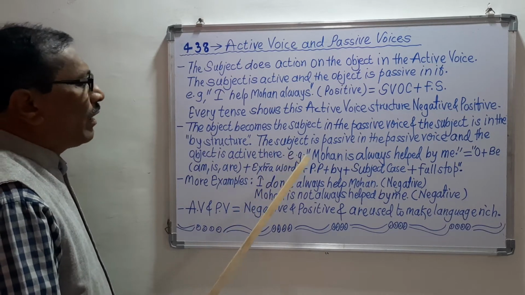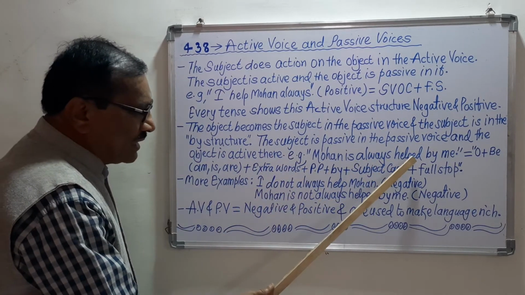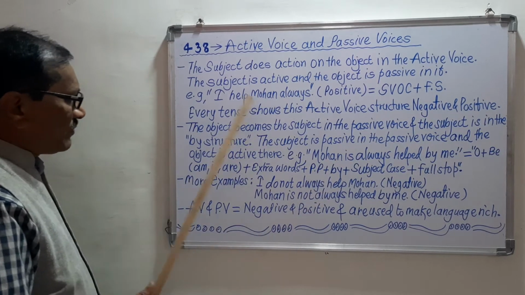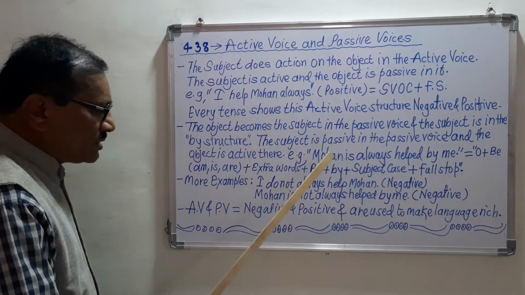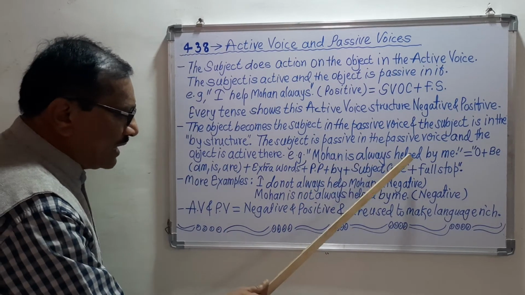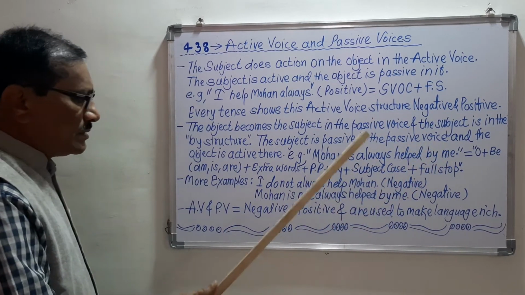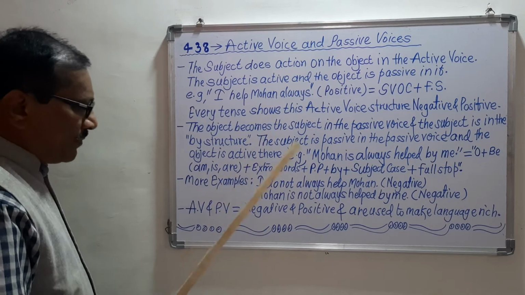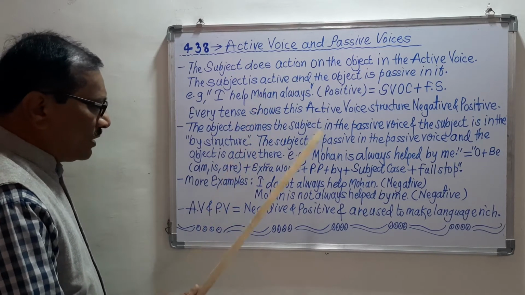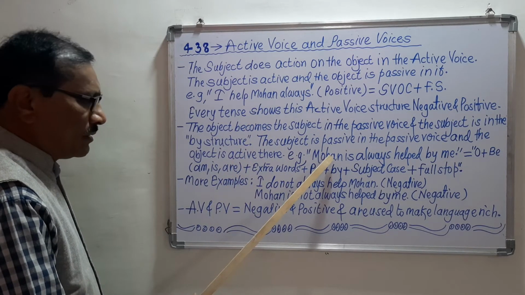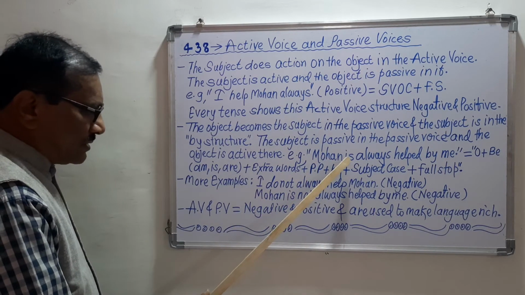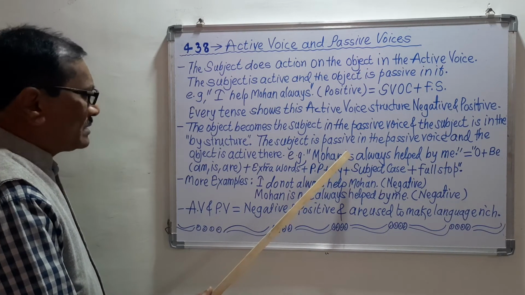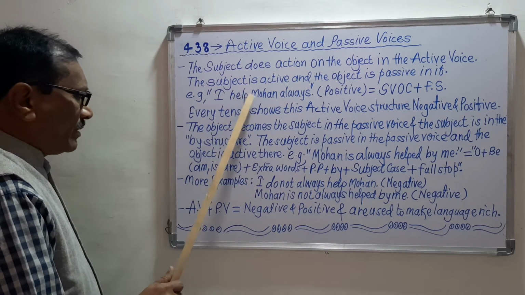For example, Mohan is always helped by me. See, here I help Mohan always is the active voice, and Mohan is always helped by me is the passive voice. Remember, this Mohan has taken the place of the object. Then here is the is, because this is the simple present tense.